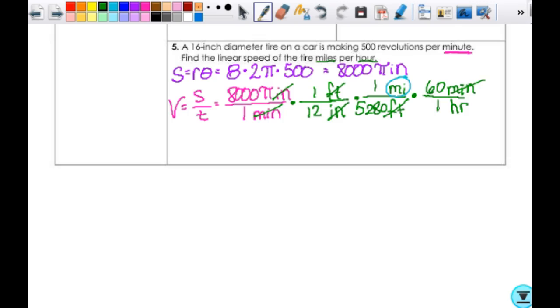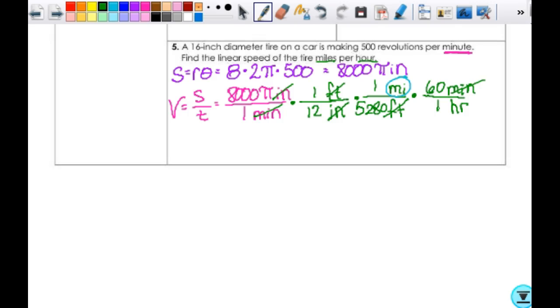I would highly suggest, when you're using these, to type them all in as fractions and then just multiply them all together, because that's what's happening here. So on your calculator, we can do 8,000, and I'm going to leave the pi. I know in the end pi goes on the end, but I don't want to have to mess with it. So I'm going to make a fraction: 8,000 over 1.